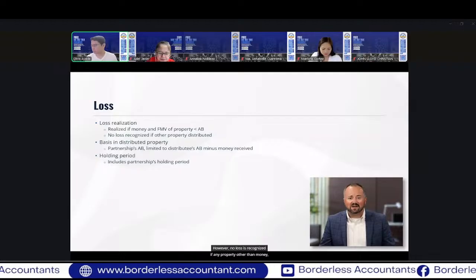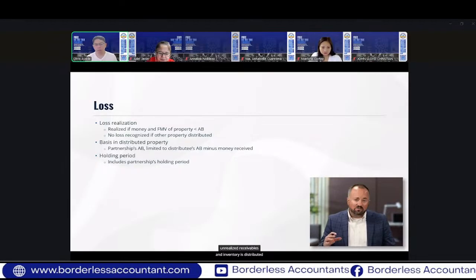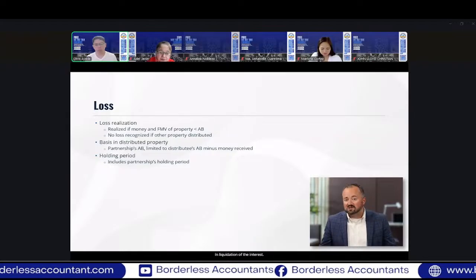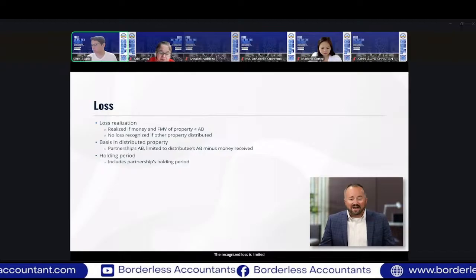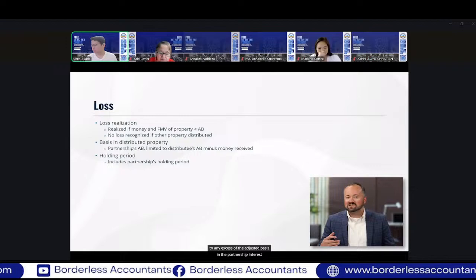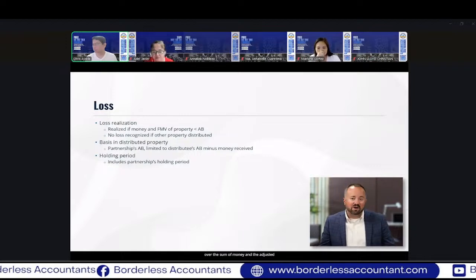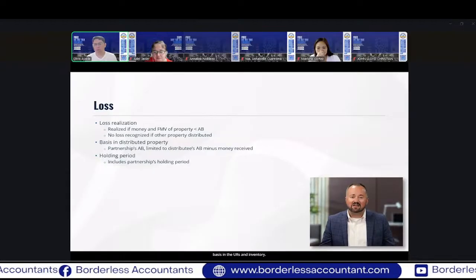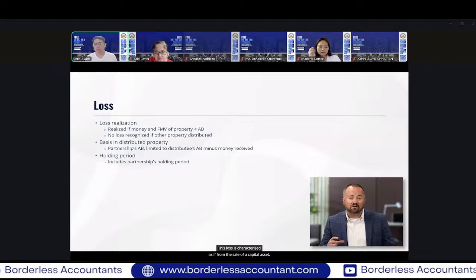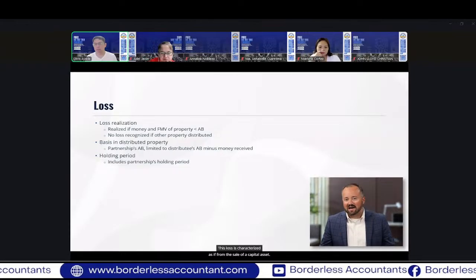However, no loss is recognized if any property other than money, unrealized receivables, and inventory is distributed in liquidation of the interest. The recognized loss is limited to any excess of the adjusted basis in the partnership interest over the sum of money and the adjusted basis in the URs and inventory. This loss is characterized as if from the sale of a capital asset.